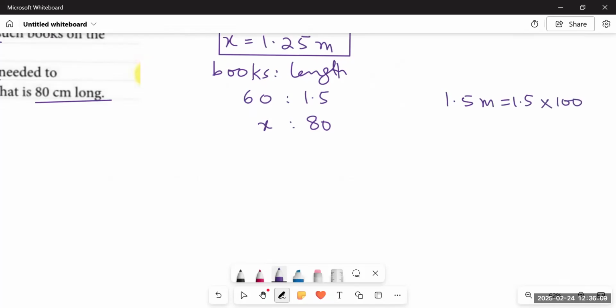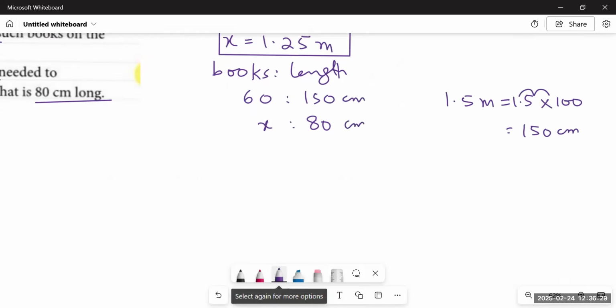So it becomes 1.5 multiplied by 100, decimal will move 2 places forward, and it becomes 150 centimeters. So we can write 150 instead of 1.5 over here. Now the two lengths are in centimeters each.